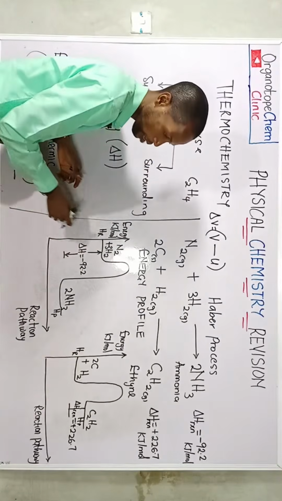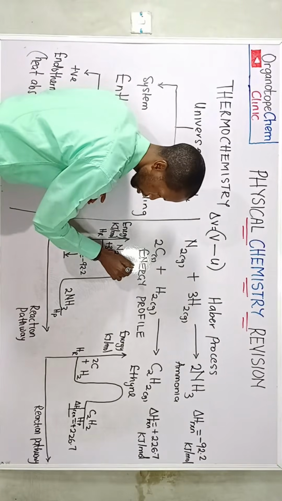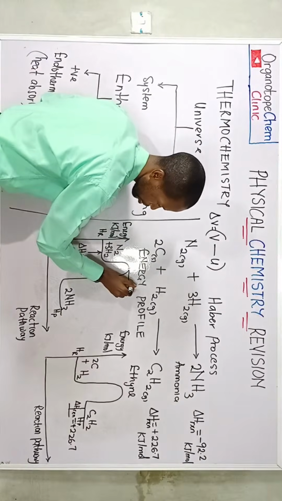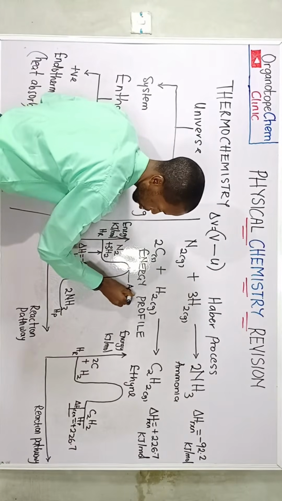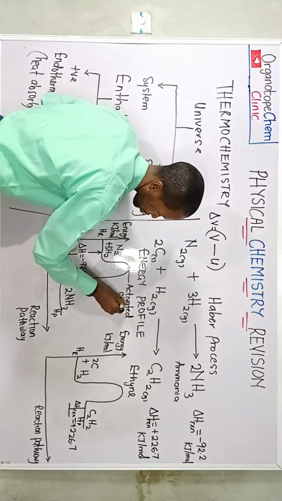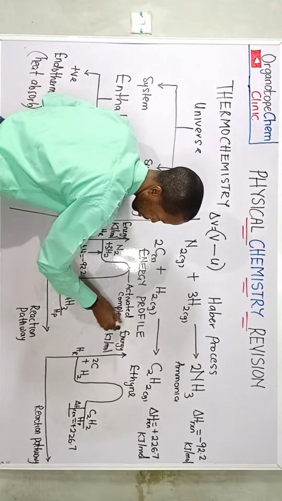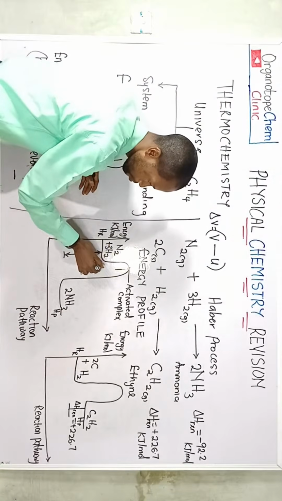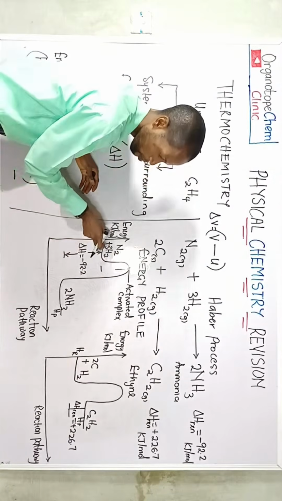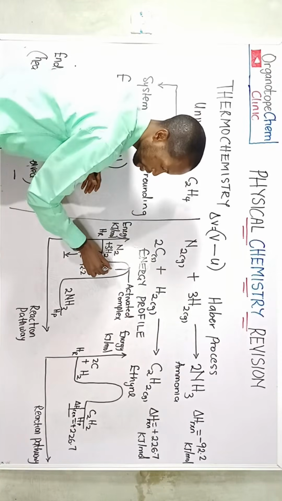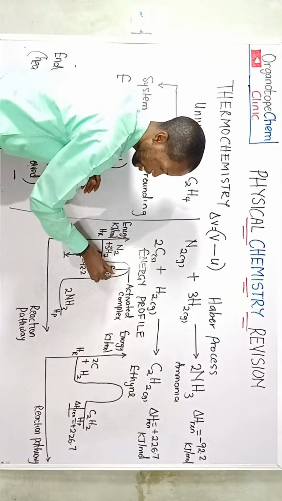For the exothermic process here, this peak is called the activated complex. Then the space between the reactant level and the activated complex is the activation energy, EA.